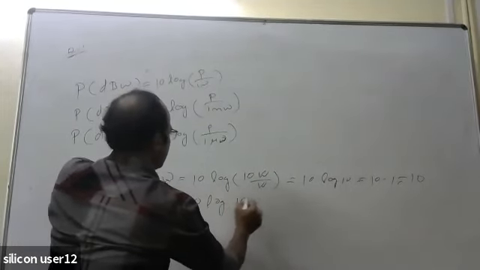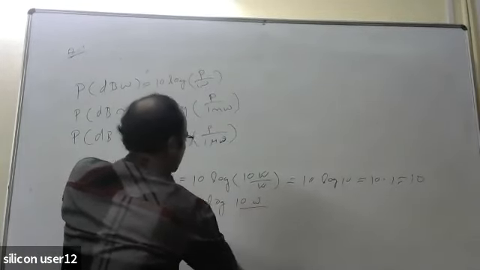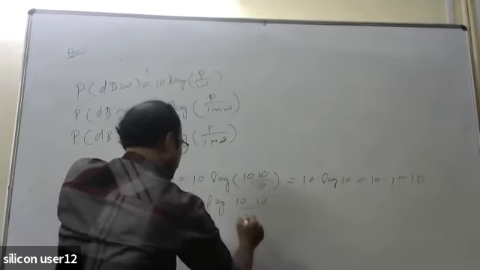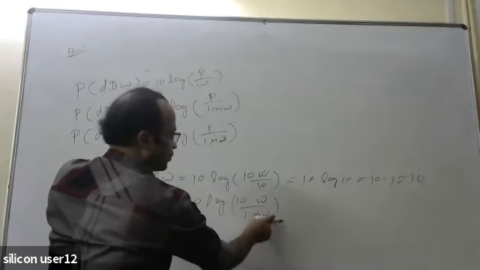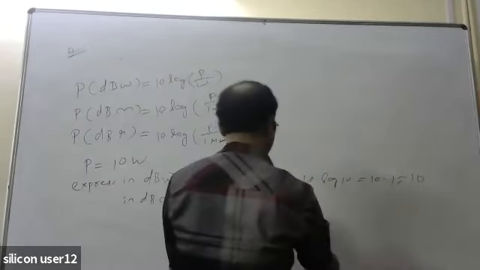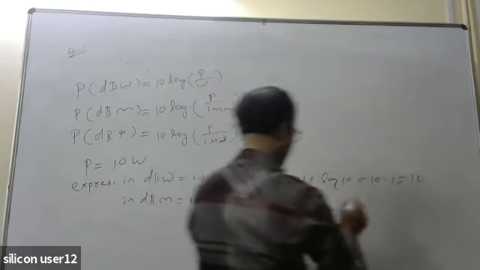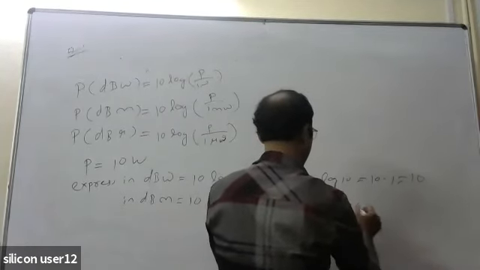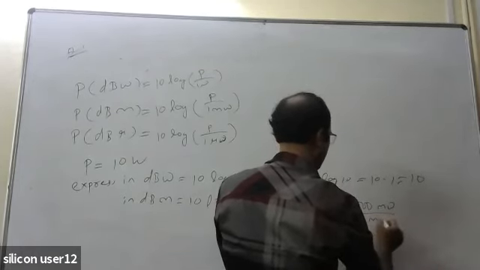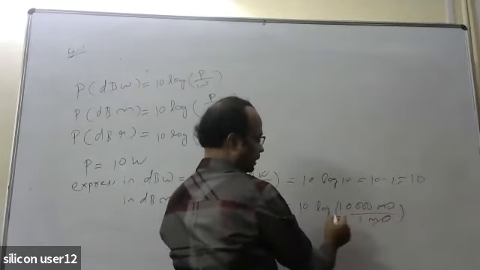Ten watt, what do you want to cancel out? This watt can be converted to milliwatt, so the milliwatt cancels out and only 10,000 remains. So what is the value of log 10,000?